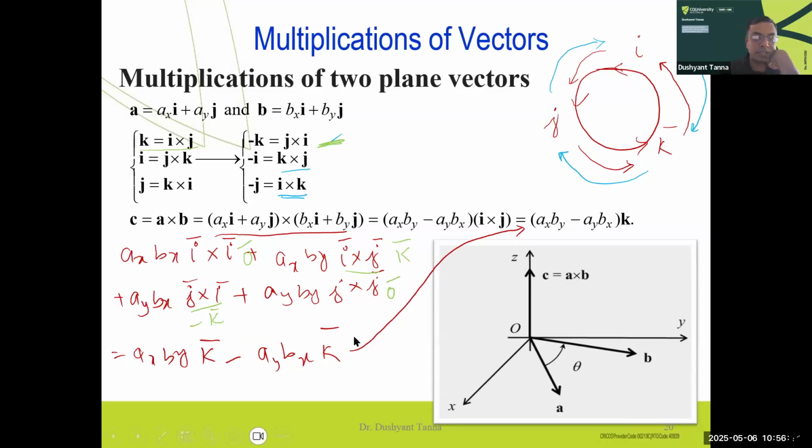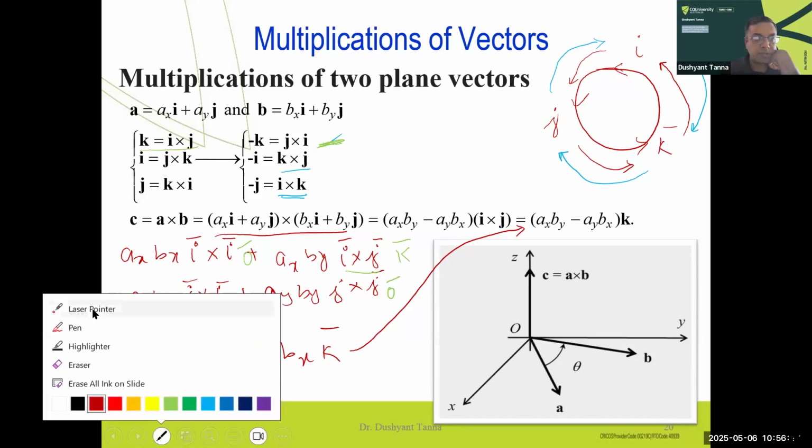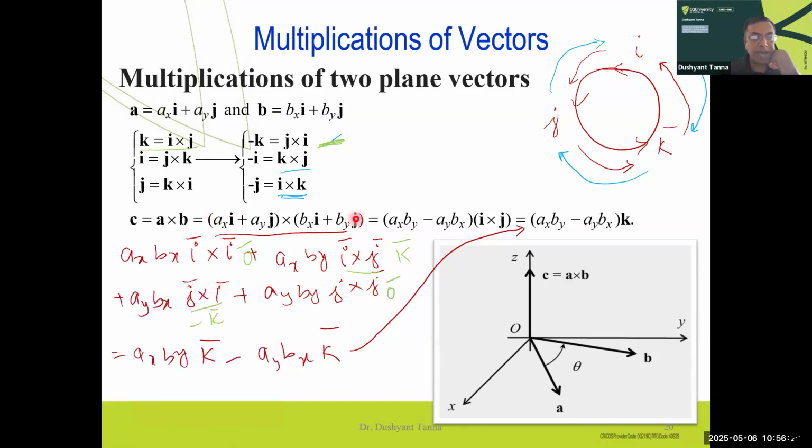Shortcut. We don't want to do this longer way. First with the last, minus last with the first. Ax and by are real numbers, they are scalars, so it doesn't matter how you write it. 2 times 3 is 6, 3 times 2 is also 6. But in vector algebra and matrix algebra, it's not true in general.